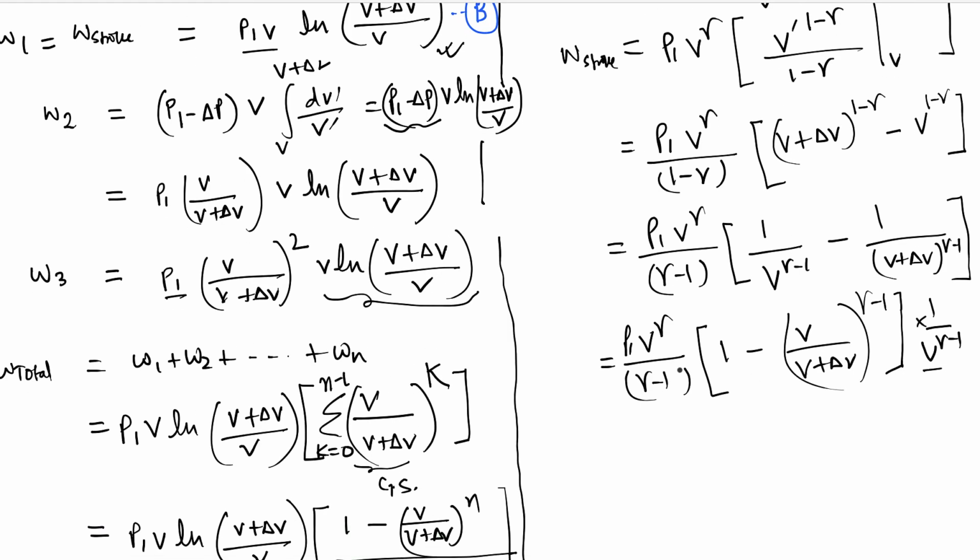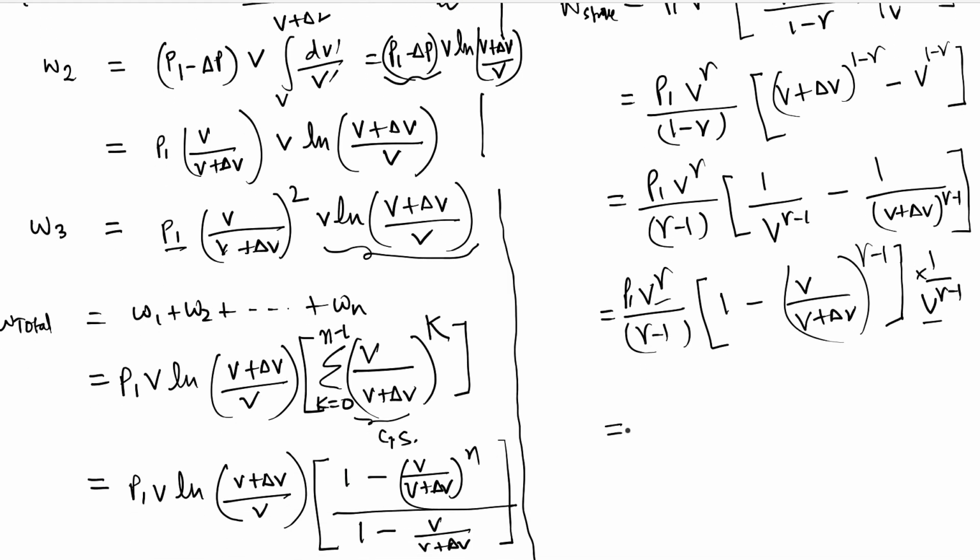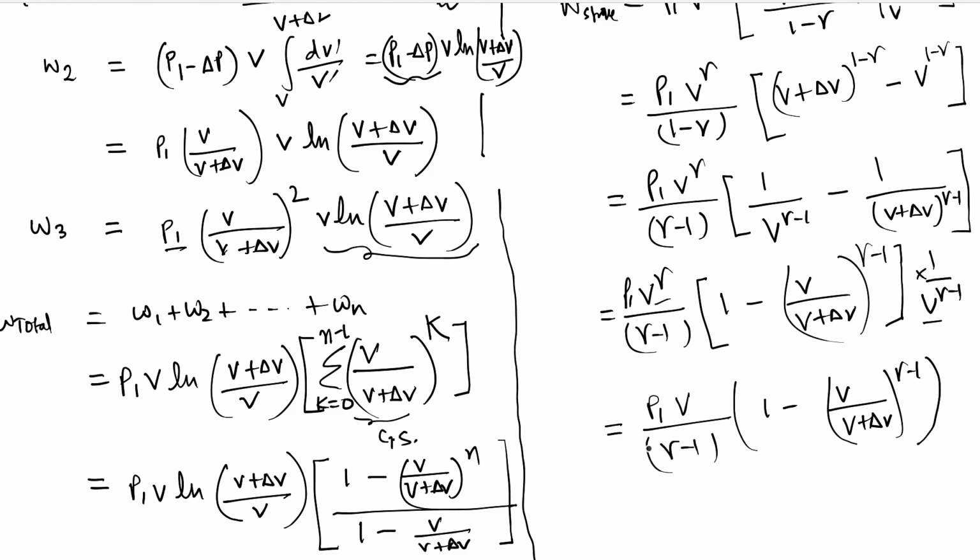So this and this will cancel out and only V will be left. So P1 V / (gamma - 1) times that bracket. So this is the expression for the work done by a single stroke, the first stroke.